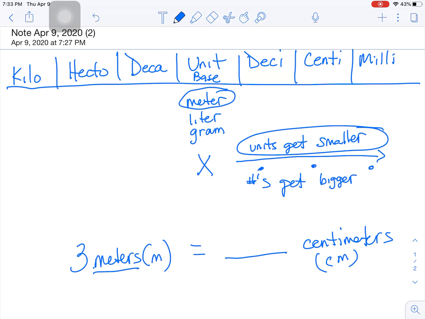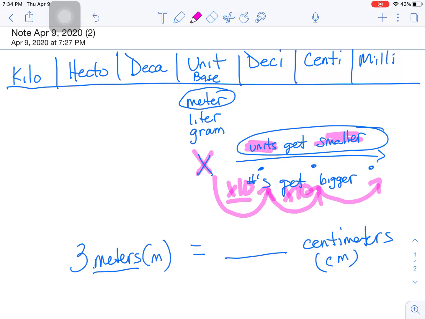So what I want to talk about is every time I move one location. So if I'm here in the middle at my base, and I just want to go one location next door, that's the deci place, okay? If I think of it like place value, every time I move, I get 10 times different. So these are getting 10 times smaller, the units are getting smaller, but the numbers will get bigger, so I'm multiplying times 10. If I go next door to centi, that's another 10 times smaller, but my number gets bigger.